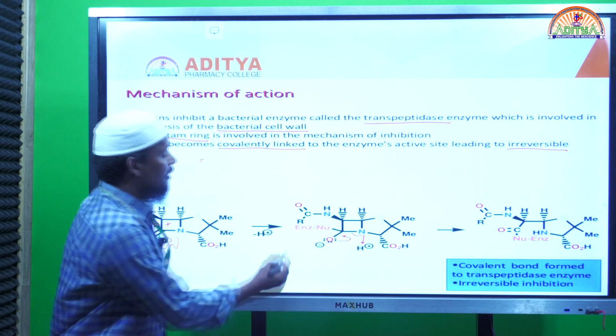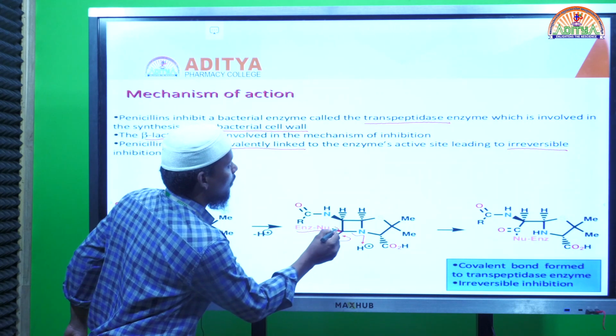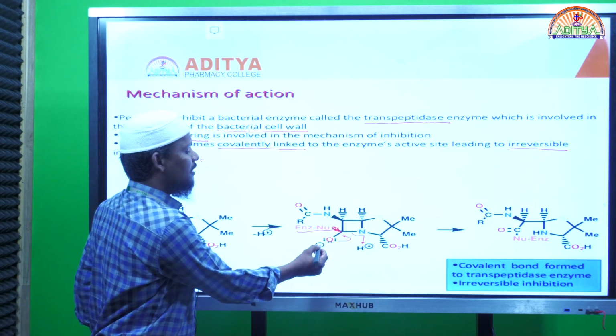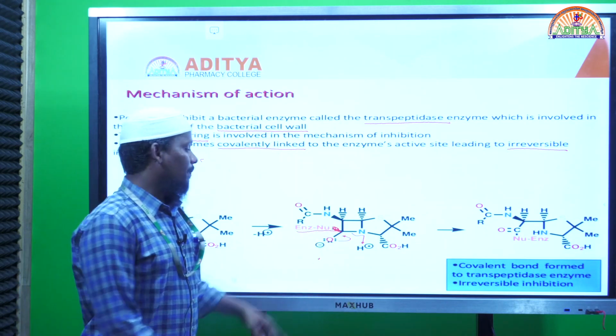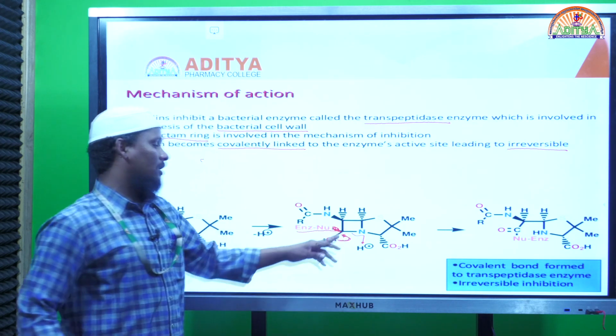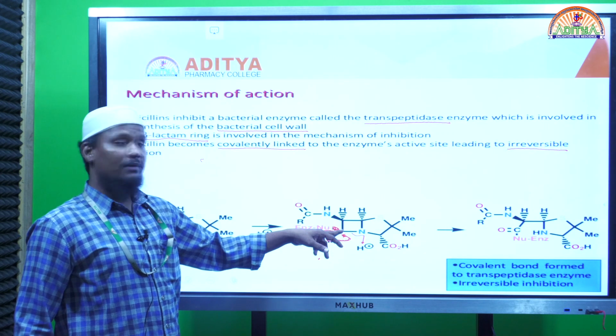So look at here, the enzyme nucleophile and the carbon form a covalent bond. This one is the covalent bond. Now the oxygen is in the negative form, O minus. So these electrons move back in between the carbon and oxygen. So the electron density on the carbon increases.